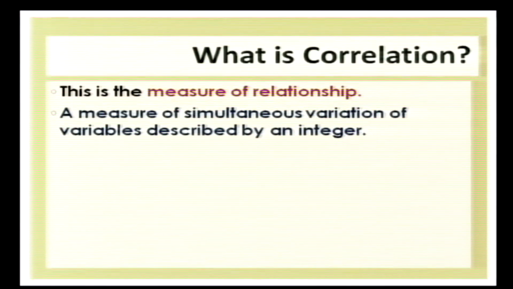When we calculate the correlation, before that we should be clear where we can use correlation and what correlation actually is. From the definition, you can draw the first conclusion that correlation is a measure of relationship, which is basically a measure of simultaneous variation of variables described by an integer.